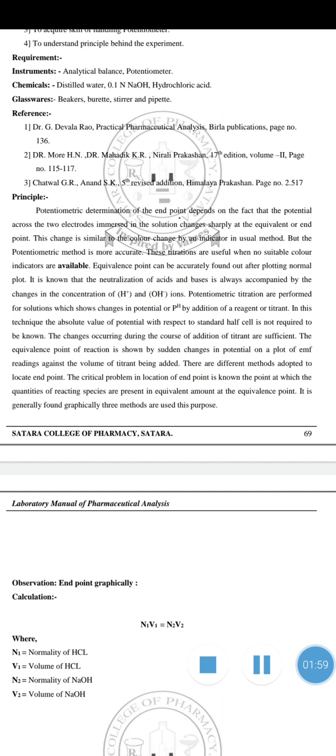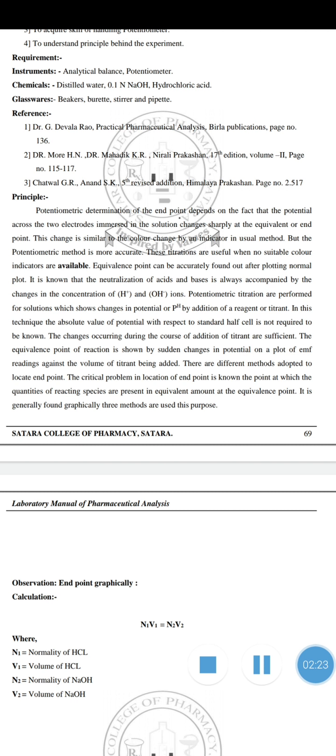In this technique, the absolute value of potential with respect to a standard half cell is not required to be known. The changes occurring during the course of addition of titrant are sufficient. The equivalence point of the reaction is shown by sudden changes in potential on a plot of EMF readings against the volume of titrant added.